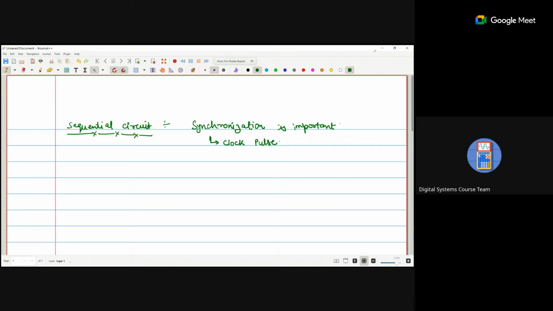If you go with the applications of the sequential circuit, I think you are aware of the processors. Whether I'm taking the i3 or i5 processor, that will have a frequency of 2.4 gigahertz.